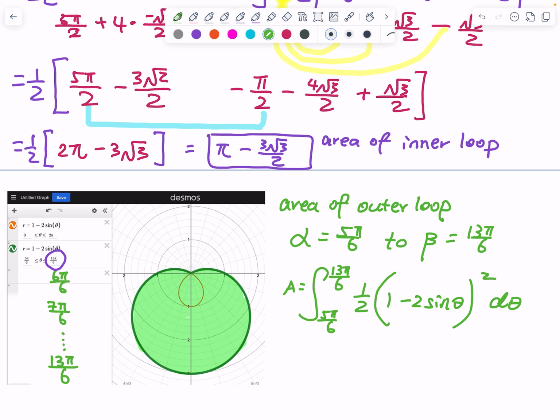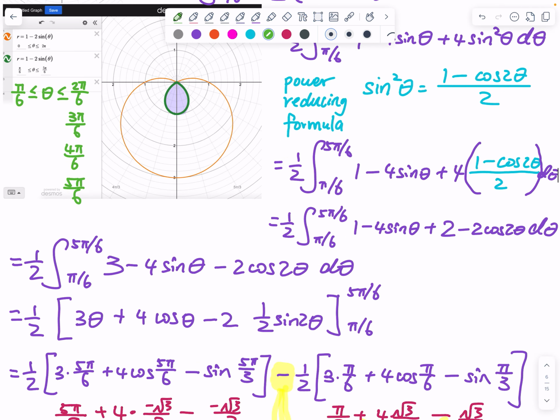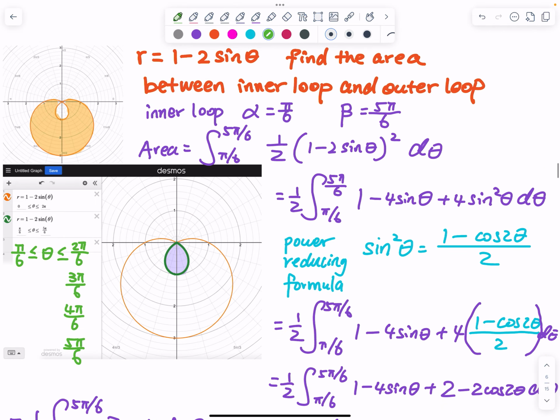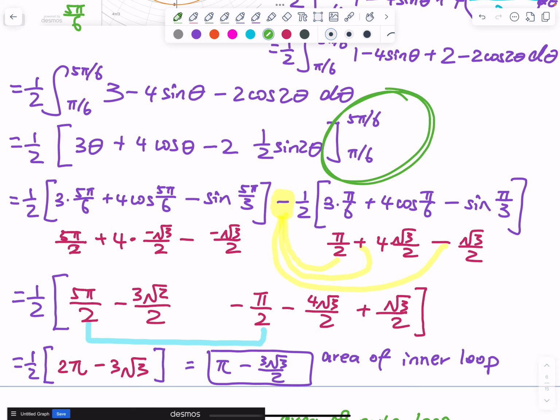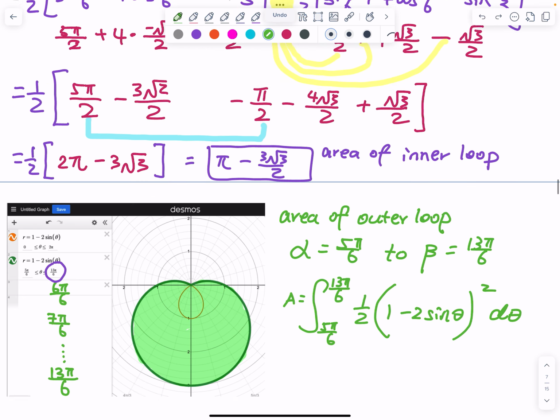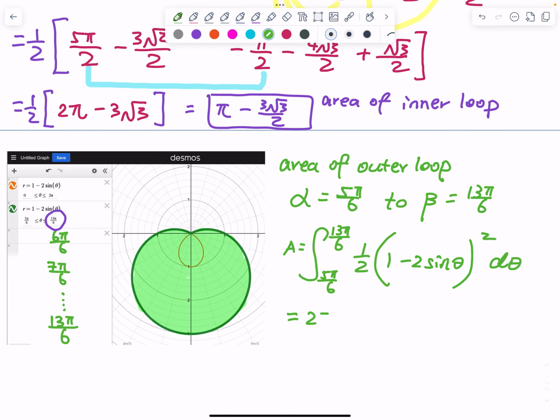So this one will be the same integration process. Exact same integration process. The only difference is these two values are different. So this will be from 5 pi over 6 to 13 pi over 6. And then this one, I already did the math. That is equal to 2 pi plus 3 root 3 divided by 2. That is the area of the outer loop.